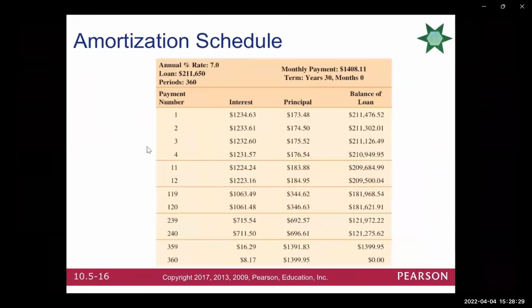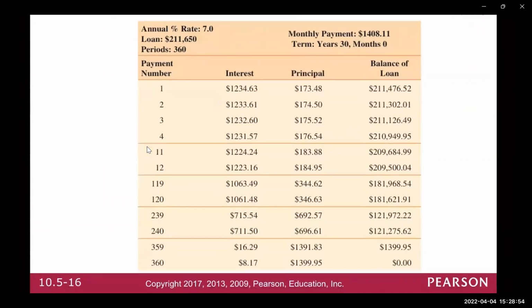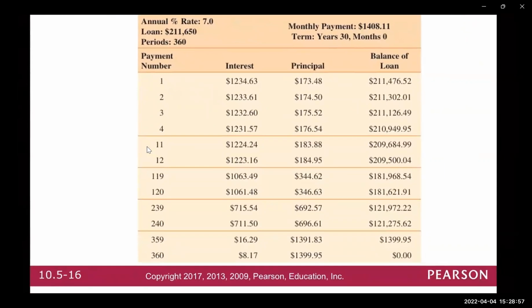So they'll have schedules for you. This one is for a 7% interest rate. The loan is for 211, and there's 30 years times 12, that's 360 payments total. And then they'll give you the chart. So the first payment will be the principal plus the interest, which is this amount.